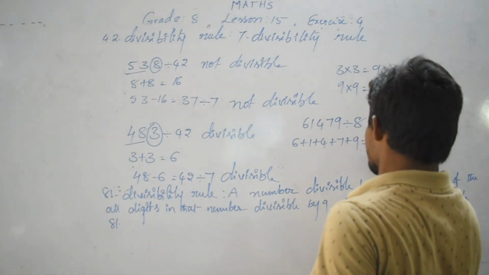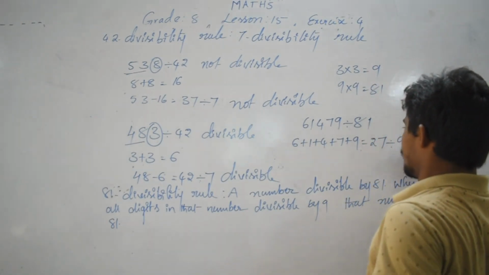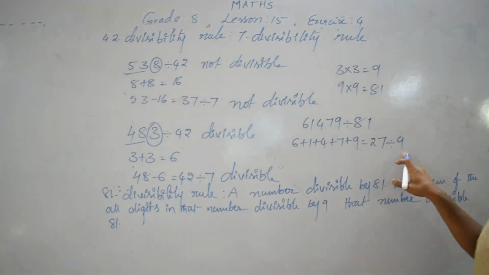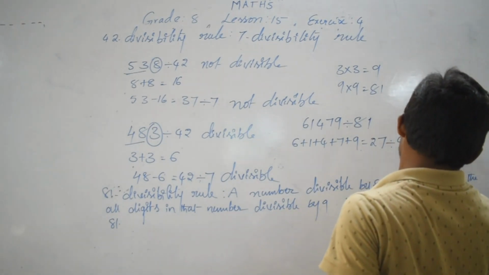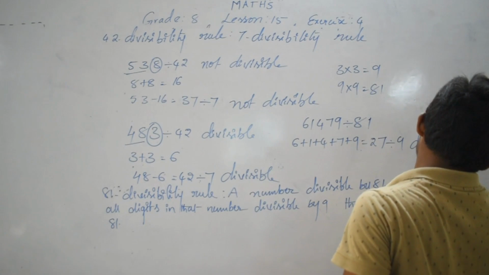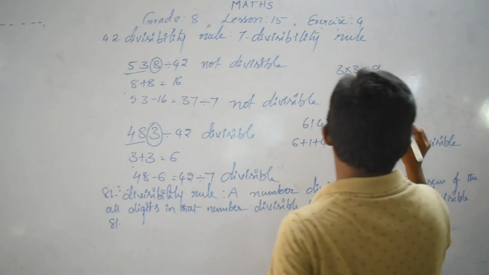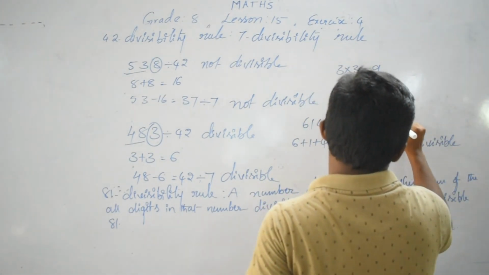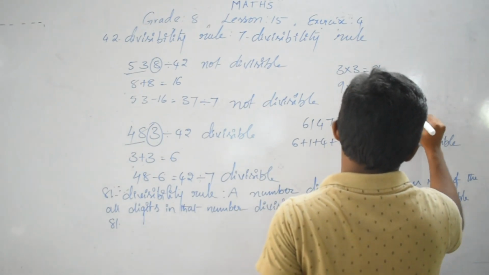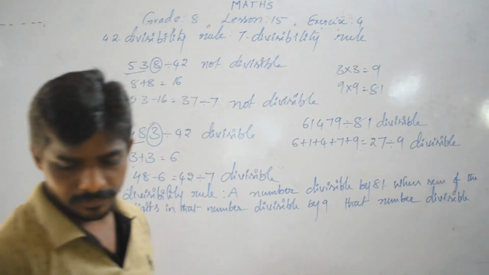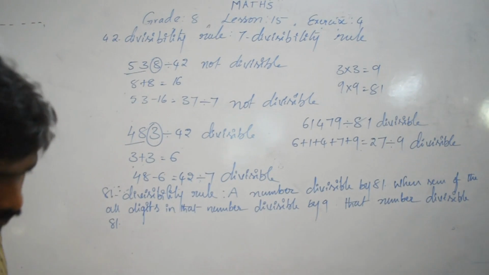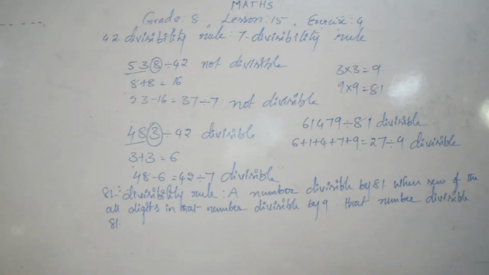So 27 divided by 9, divisible or not divisible? Divisible. So this is also divisible. That is the 81 divisibility rule.